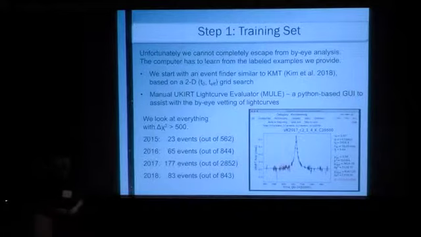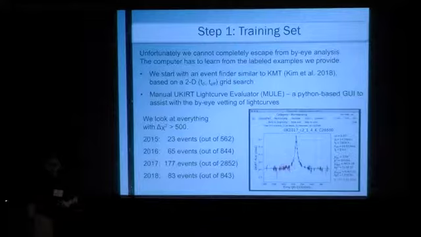Okay, so for the machine learning, some of you at least are not familiar with this. The basic steps are, first off, creating a training set. Unfortunately, we can't entirely remove the by eye process from this. We have to still go through and tell the machine, define somehow each of the classes that we're interested in.